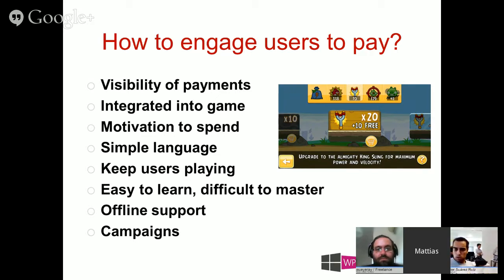On the other hand, people who are using the free version of the app should also get entertainment out of it, and non-paying users should not be forced to quit because you're asking too much money. The reason for this is that the user might not pay for a month or 2 months, but they might become interested in payments later. This is something that can be covered by campaigns, and I'll talk about this a little bit later.